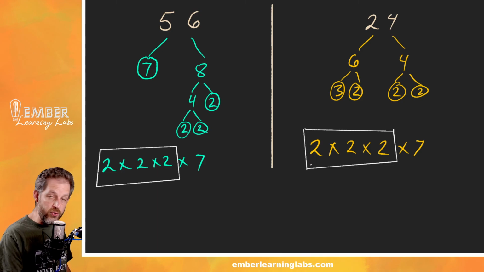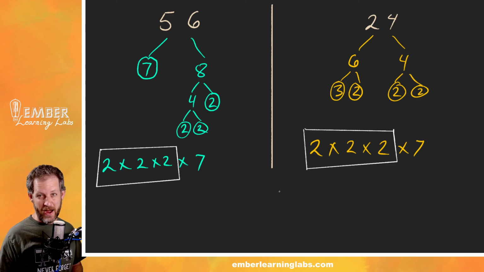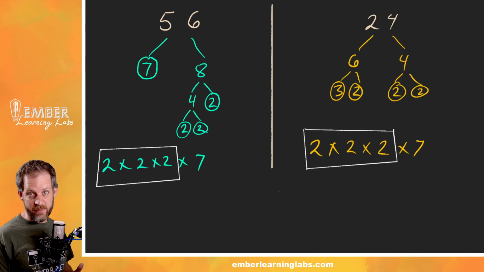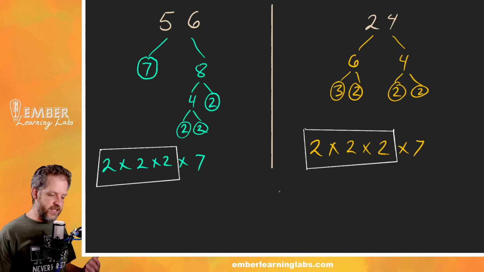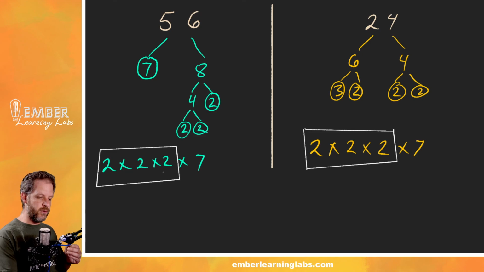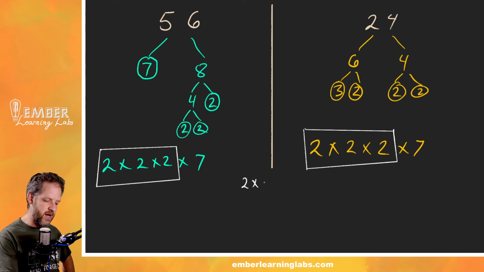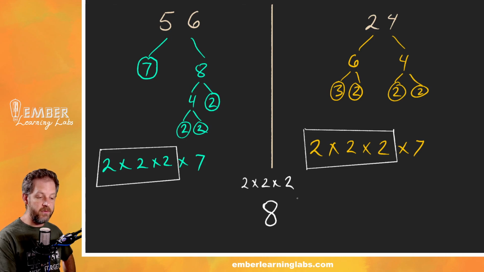So 2 would be the least common factor, right? It's the smallest one that's in common between the two. But we want the greatest common factor. And so the greatest common factor would be all the ones that are in common multiplied together. So the last puzzle piece here would be 2 times 2 times 2, which of course is 8. So the greatest common factor between 56 and 24 is 8.